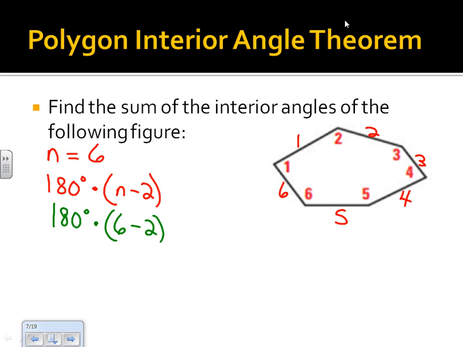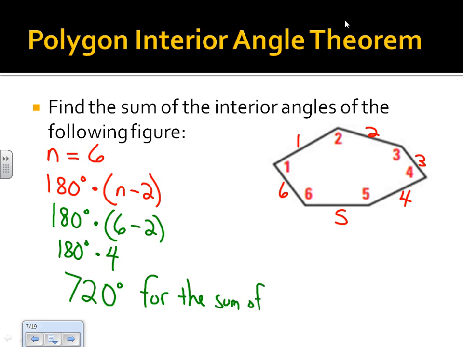And then you guys can simplify. So it's 180 degrees times what? 4. Use your calculator. So you get 720 degrees for the sum of the, what type of angles are these?